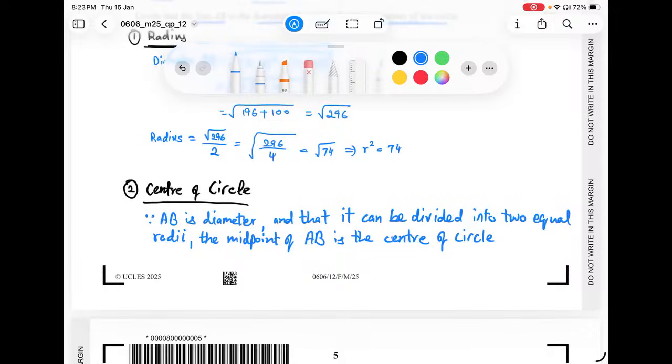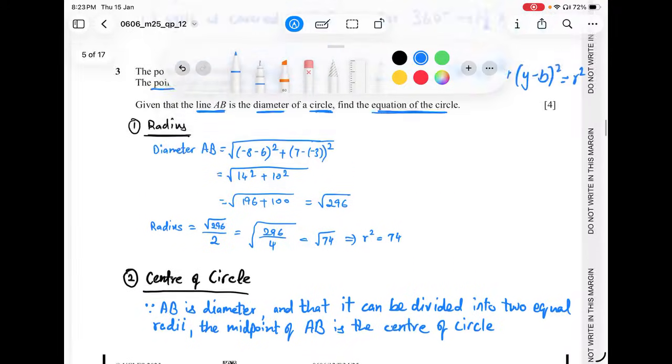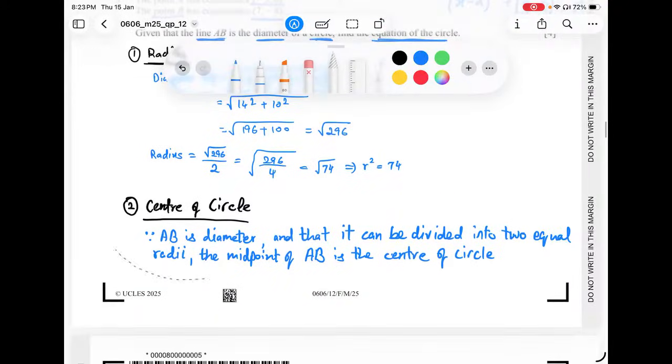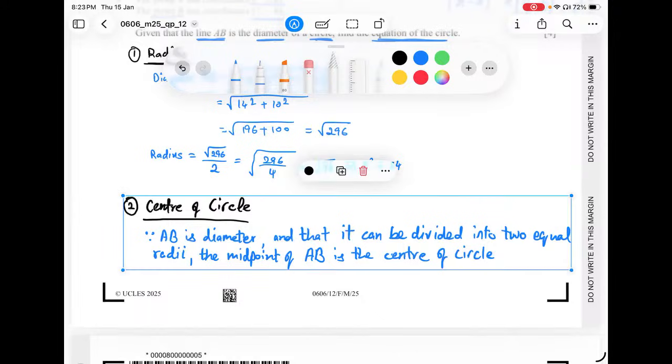So that's your idea here. So how do you find this midpoint? It's pretty easy. Let me get some more space.